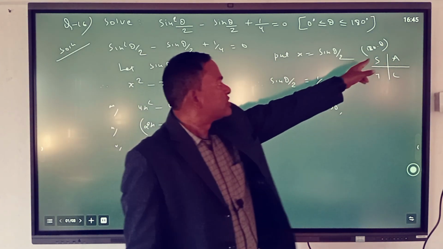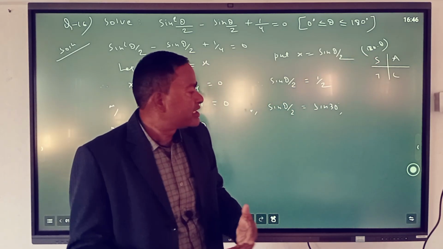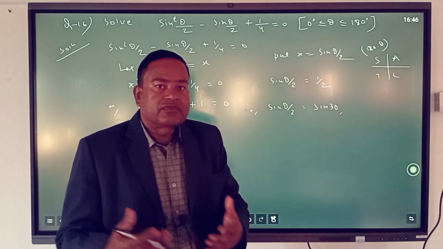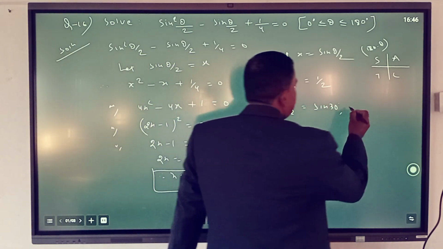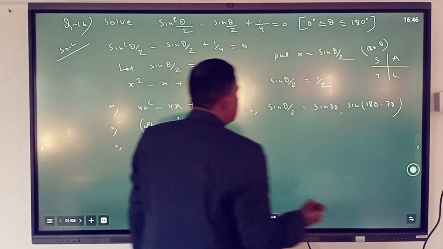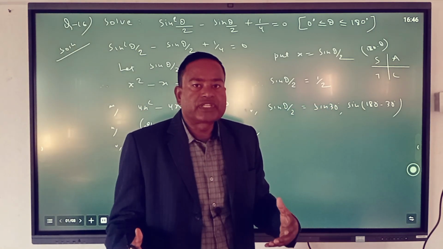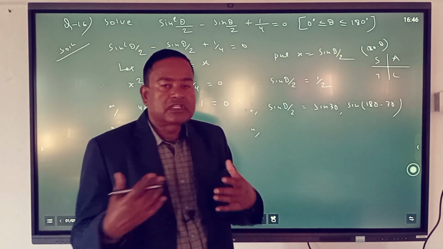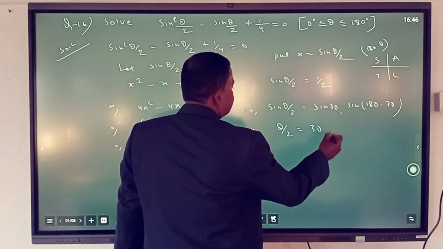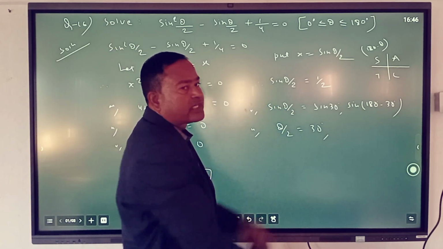So we can express 30 degrees in terms of 180 minus θ. The value of sin is positive in the second quadrant, and in the second quadrant the angles are less than 180 degrees. So we can write sin 30 degrees now in the form of sin(180° − θ). Dear student, now sin will cancel by equating the corresponding values on both sides, equating the angles from both sides, because the trigonometric ratios are the same.